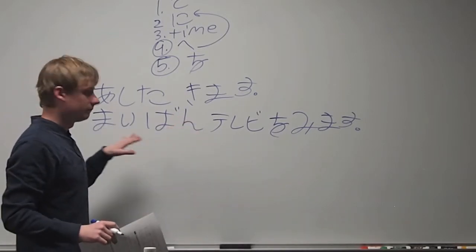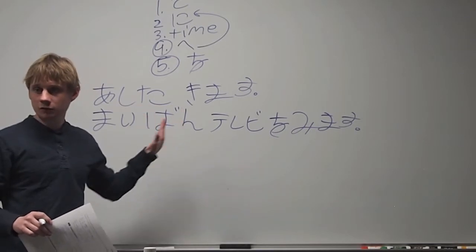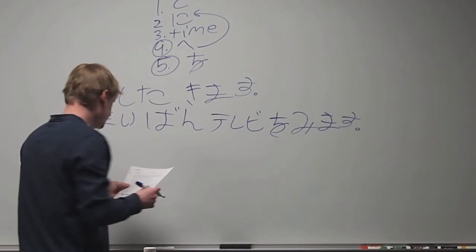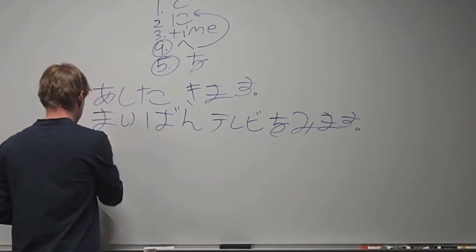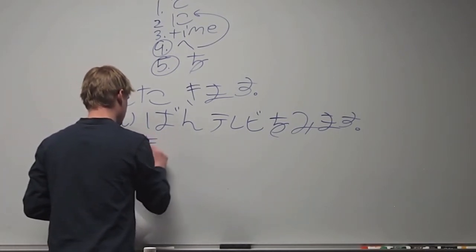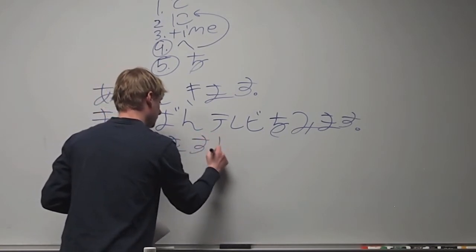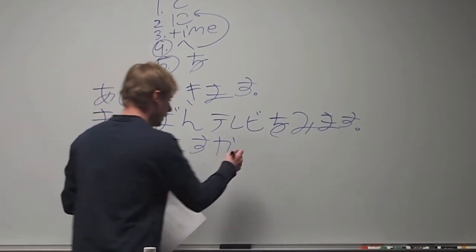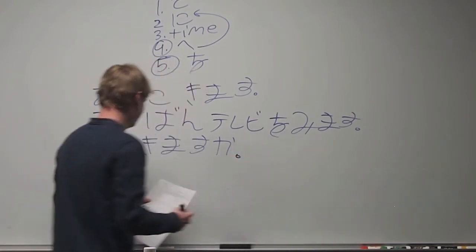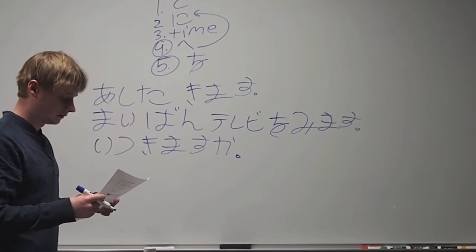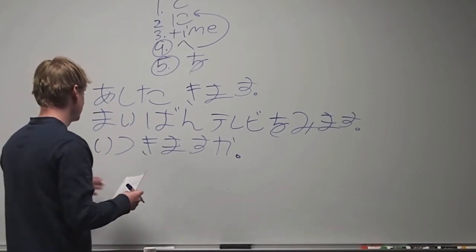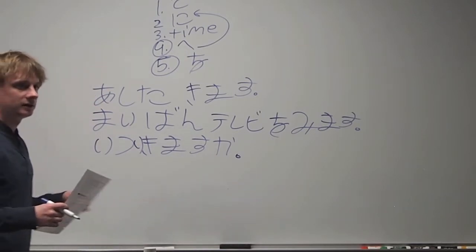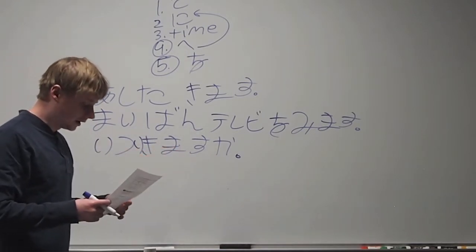Okay, notice, because it's continual, I have maiban every time, I don't use ni. Same with ashita. Okay, itsu ikimasu ka? I'm asking, when will you go, right? Itsu ikimasu ka? When will you go? Oh, kimasu ka. When will you come? Or, I forgot the i. Ikimasu ka. So, when will you come or when will you go?